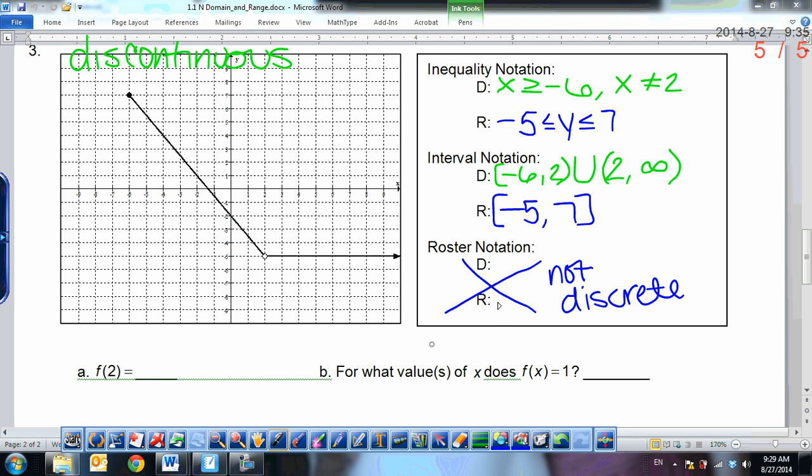Okay, look at A. A says to find f of 2. So remind yourself what that means from our problem before. What does that mean for us? Okay, x equals 2. Find y.